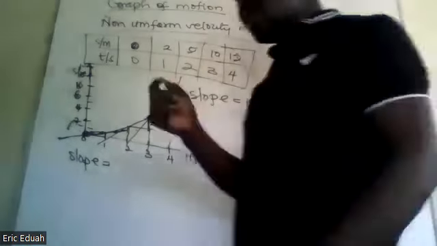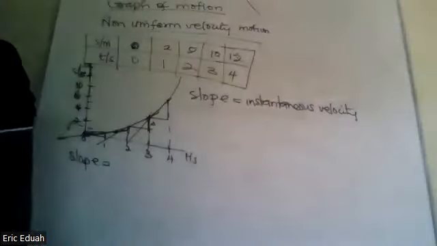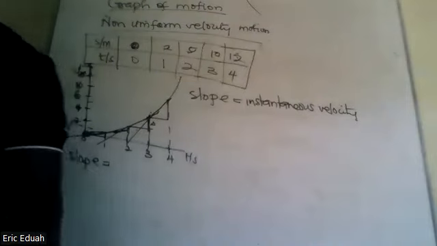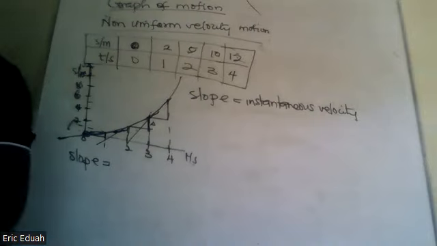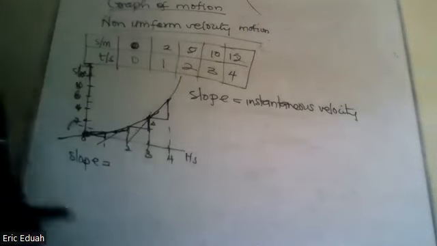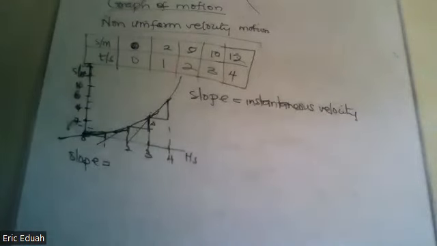So instantaneous velocity is simply velocity within a given time. It pertains to when the motion is non-uniform. In a non-uniform motion, the displacement of the body does not occur within equal intervals, but the time can be within equal intervals.